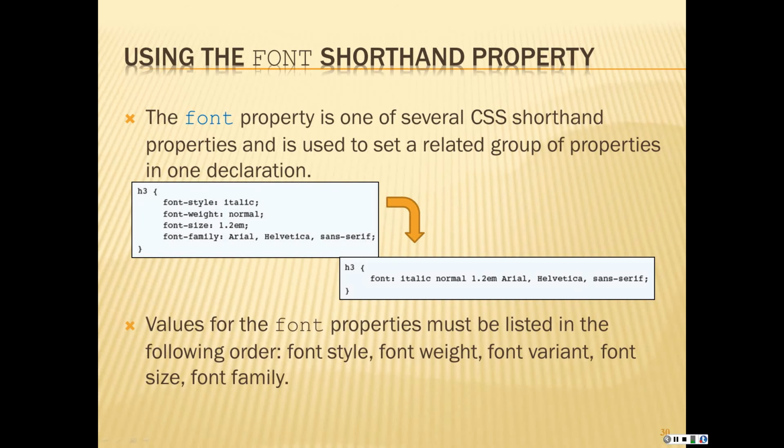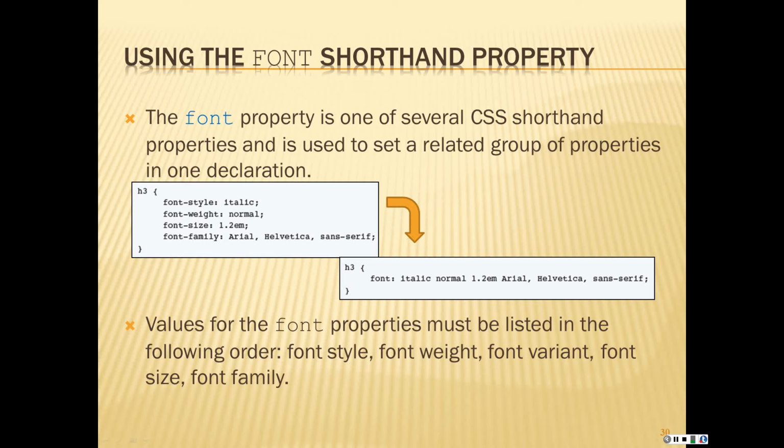Now notice, when we put them all on one line, we take out all these extra semicolons. There's a semicolon at the end of the line, but here instead of saying font style, font weight, font size, font family, we just say font, colon. And we say italic, normal, 1.2 EM, Arial, Helvetica, Sans Serif. So we still have our commas here where we would have had them here, but everything else is just spacing between them.